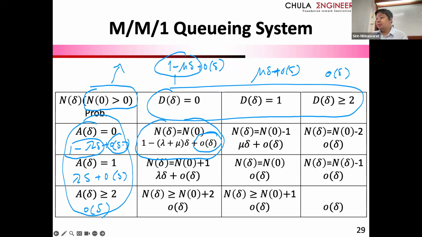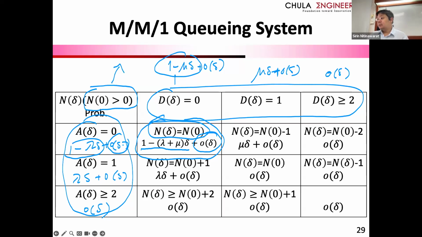The resulting probability is 1 minus lambda plus mu times delta plus little o of delta, right? So this means after delta seconds have passed from the initial time 0, nothing has happened. No new arrival, no new departure. As a consequence, there's no incrementing in A, no incrementing in D, so N stays the same, right?